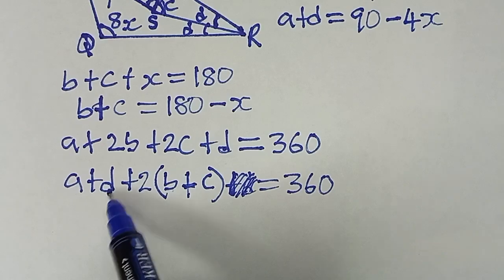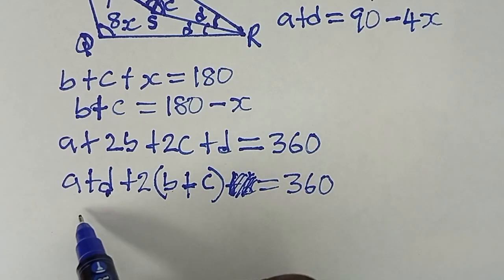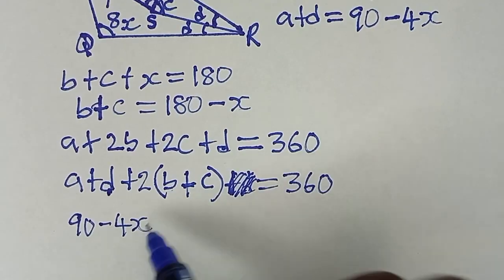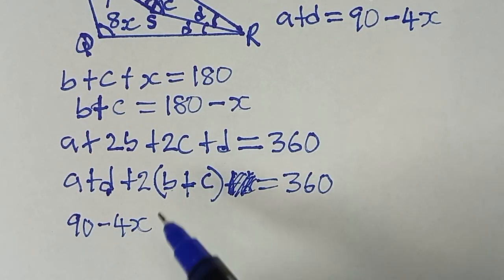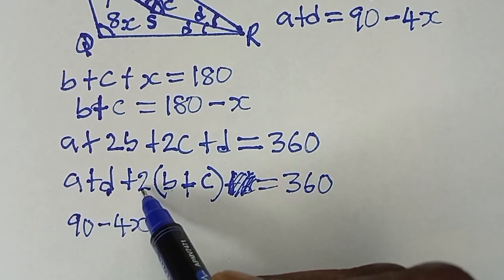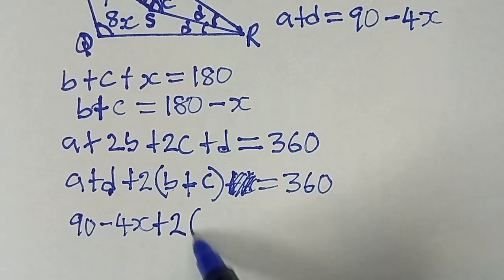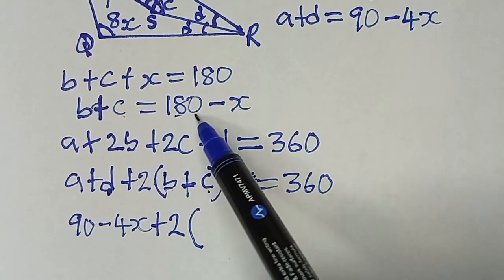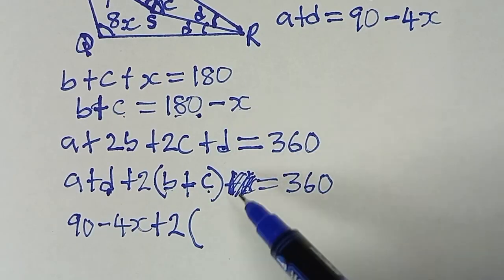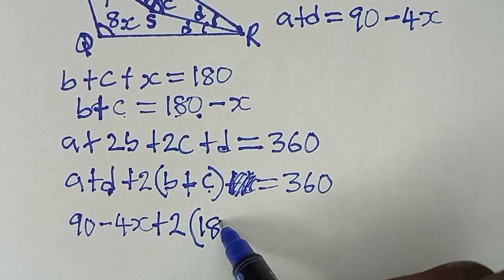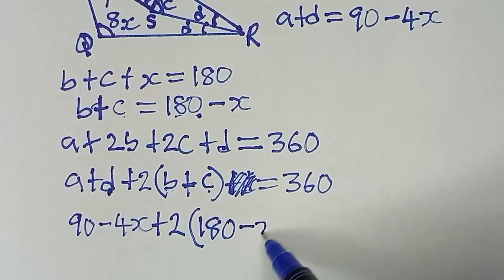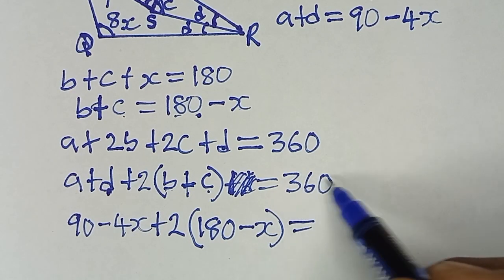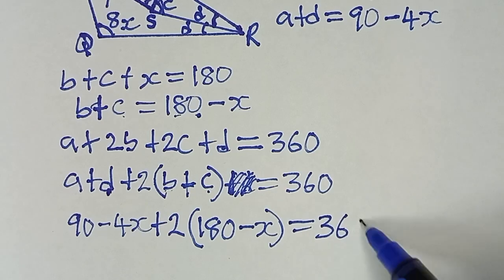So my A plus D is 90 minus 4x. So A plus D is the same as 90 minus 4x. And then plus this value 2 here, multiply by my B plus C. This is B plus C, which is 180 minus x. So I'm simply going to write 180 minus x in place of B plus C. And then it's equal to the 360 that I have here, 360.